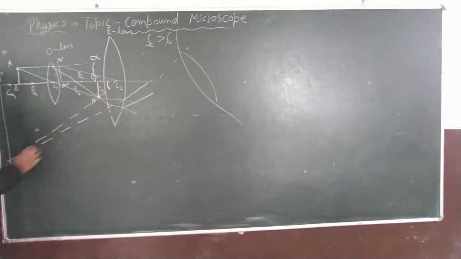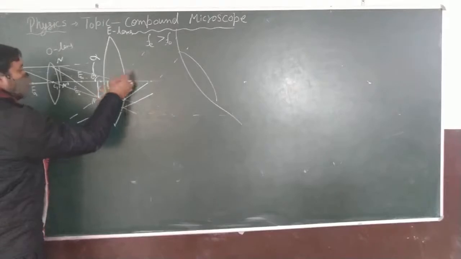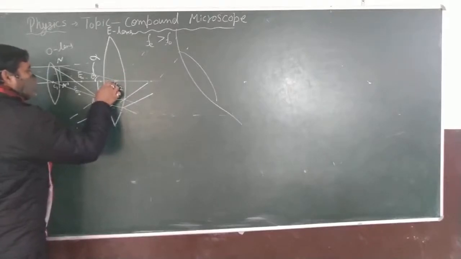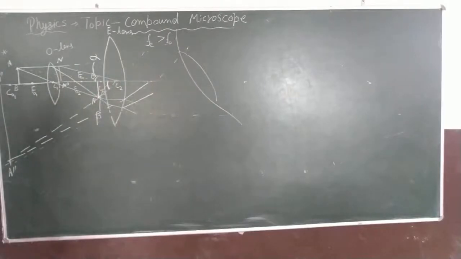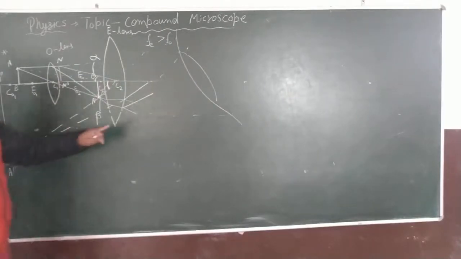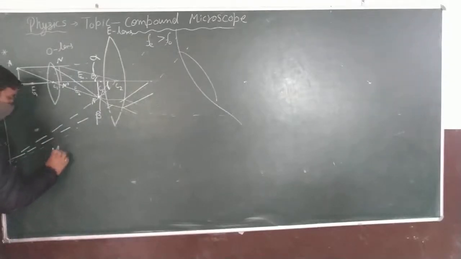So this is the angle formed by the image on the eye. This angle is beta.